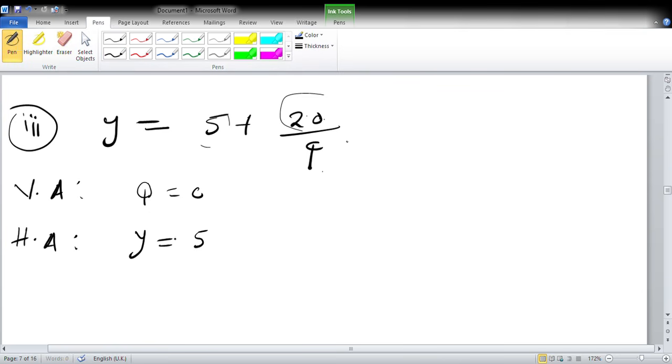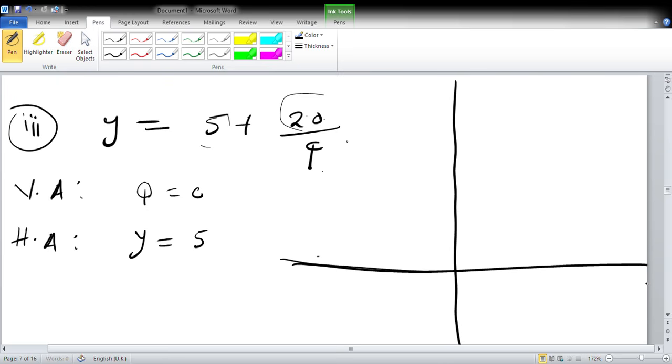So we have, this is my y-axis and this is my quantity axis. So this is q and this is y.